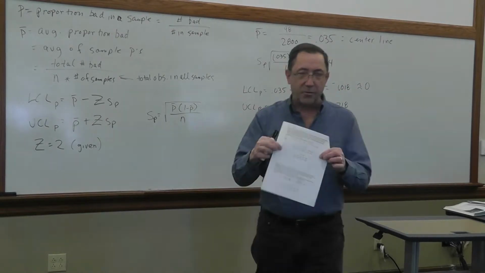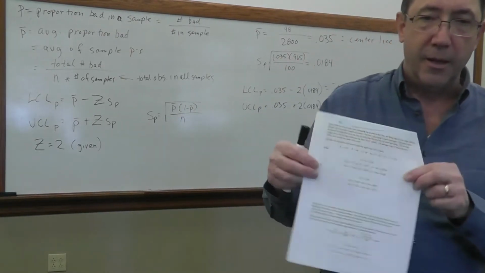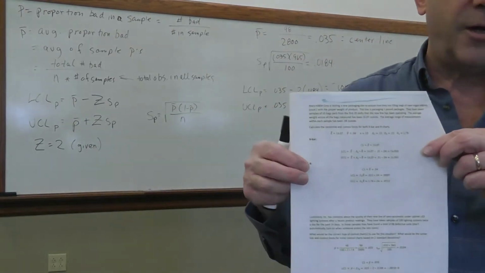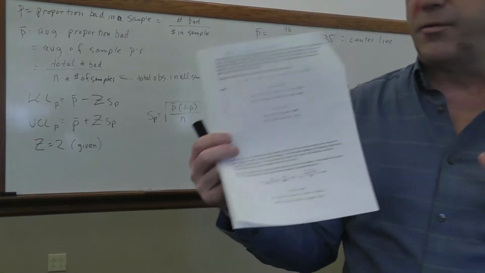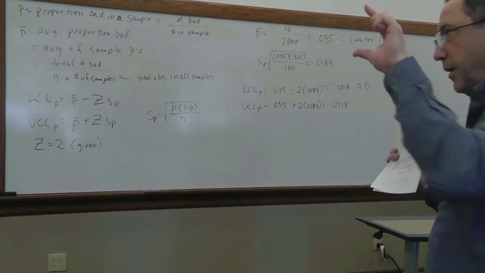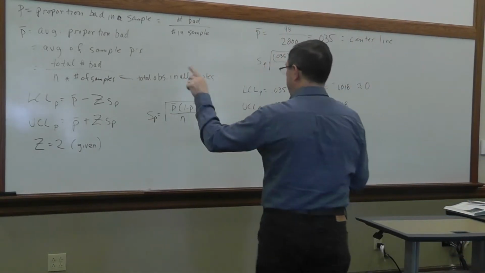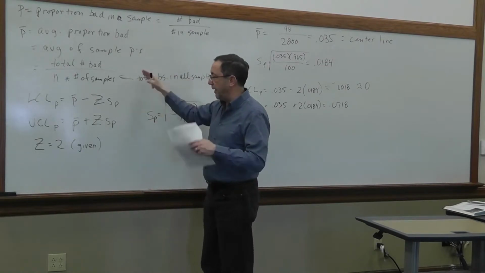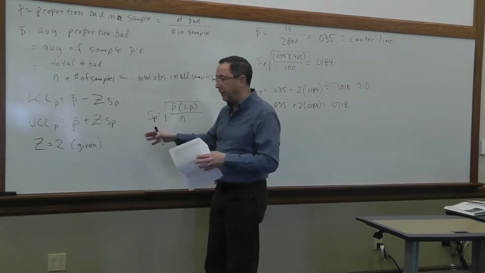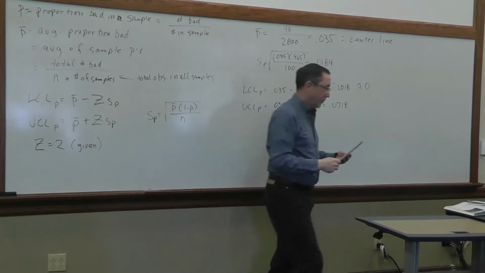Again, these exercises with just summary data, we're not doing anything with charts. You can't interpret the charts. This is just an exercise with short little data, a quick, easy problem to show me that you can understand what the p-bar is, how to get it, and how to calculate control limits to get those numbers.